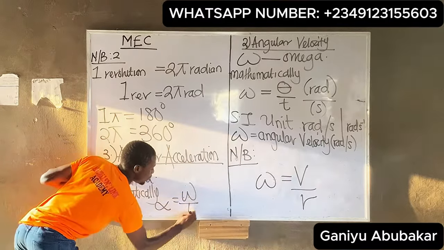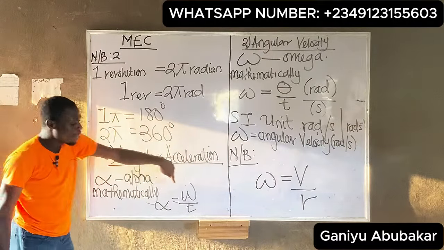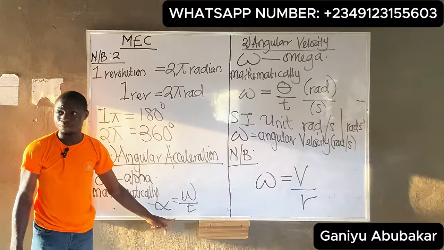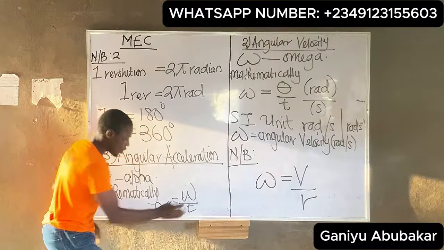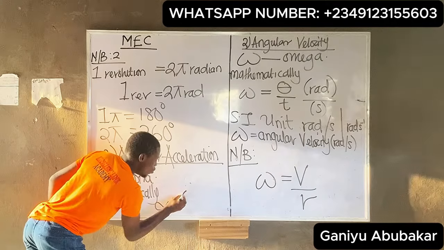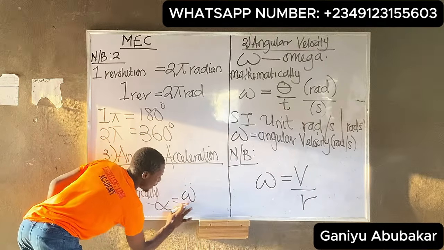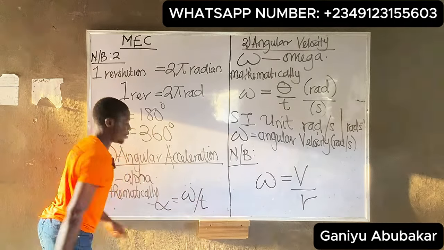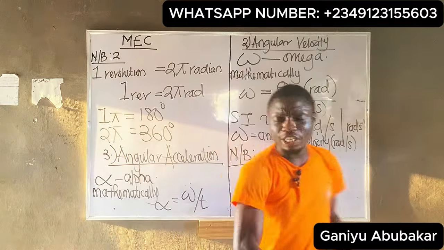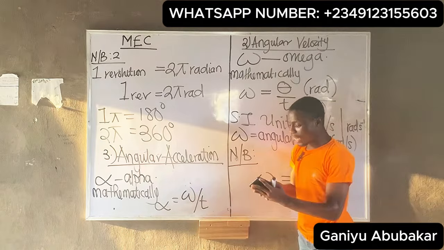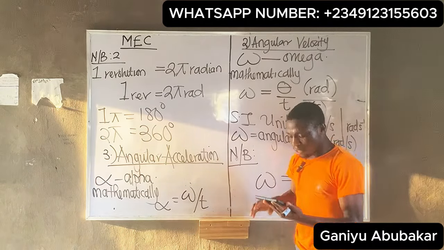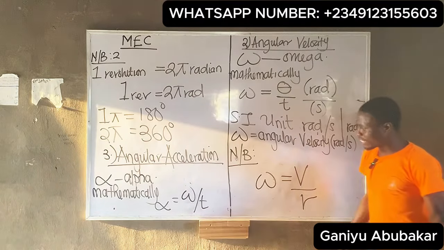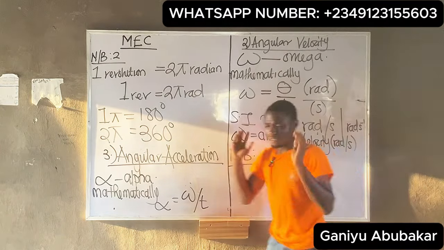Alpha is omega over t. Angular velocity over time. Don't cram. Now, if this one here is omega over t, what's the SI unit here?